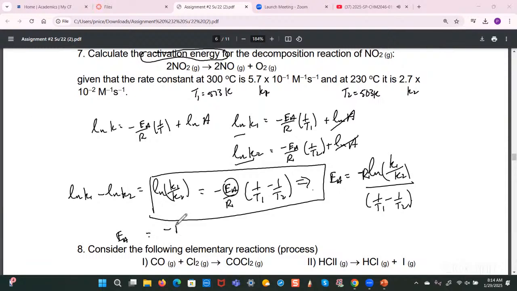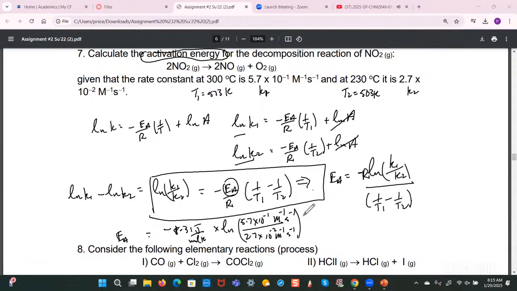So minus R, or let me put the value for R. R is 8.31 joules per mole Kelvin, right? Times ln K1, what's K1? K1 is 5.7 times 10 to the minus 1, m minus 1, s minus 1, divided by K2, which is 2.7 times 10 to the minus 2, m minus 1, s minus 1.